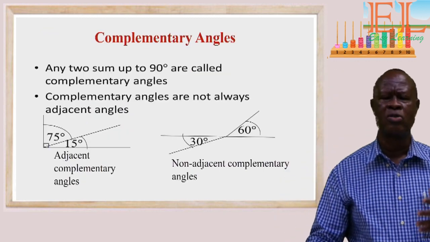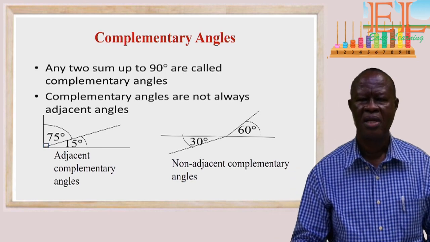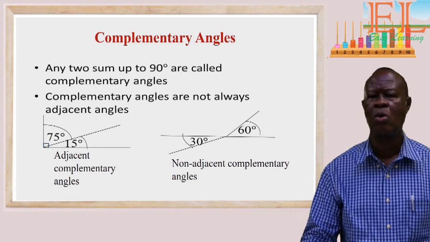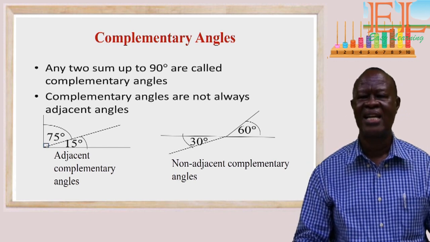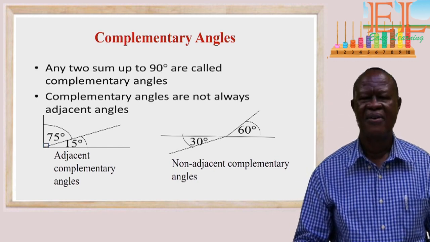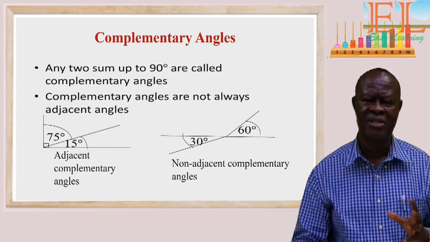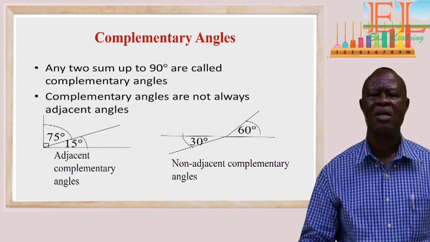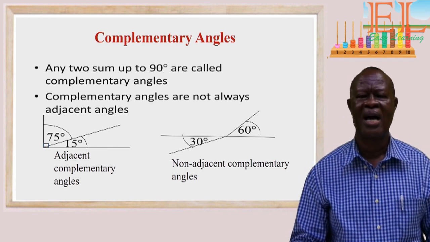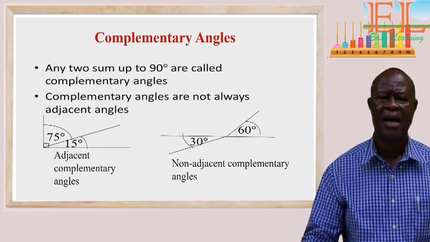Now we move on to talk about complementary angles. In this wise, we are saying that any two angles that add up to 90 degrees are called complementary angles. So if you have 30 and 60, they sum up to 90, they are complementary angles. You have 15 and 75, they sum up to 90. They are complementary angles. But we can make a small distinction here about adjacent angles.